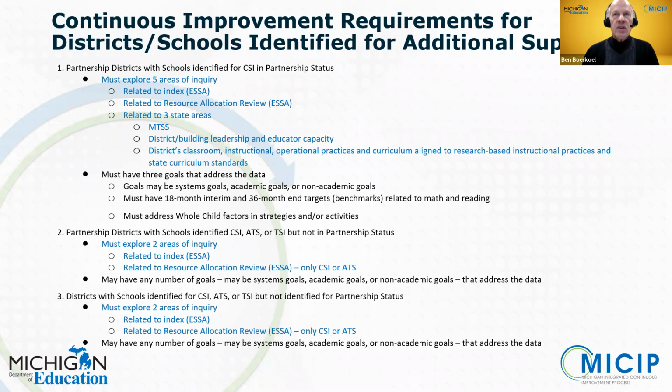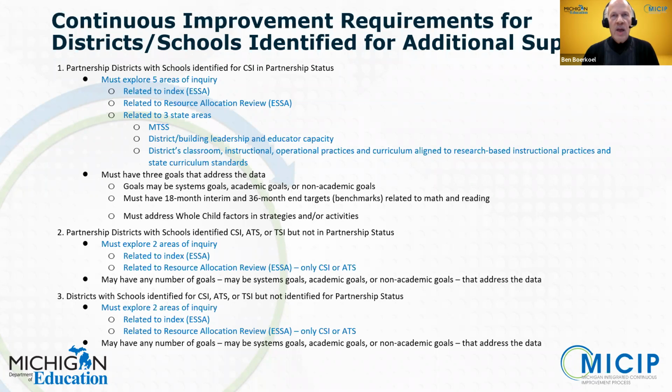Any district that has schools in both partnership status as well as not in partnership status are going to be serviced and supported by the Office of Partnership Districts. So all of them today are just responding to one and being supported by one area of the Michigan Department of Education as opposed to multiples.